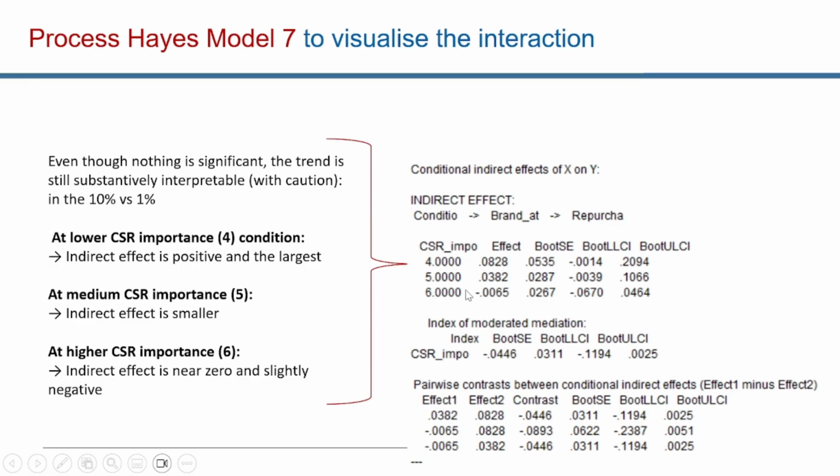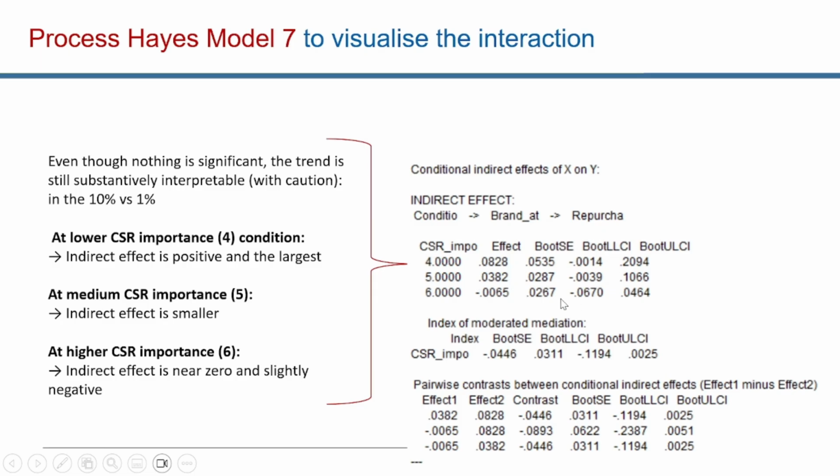And what it actually tells us is that at lowest CSR importance, which is 4, the indirect effect is positive and it's slightly larger, right? Because 0.08 is greater than 0.03 and the last one. But again, this is not statistically significant.